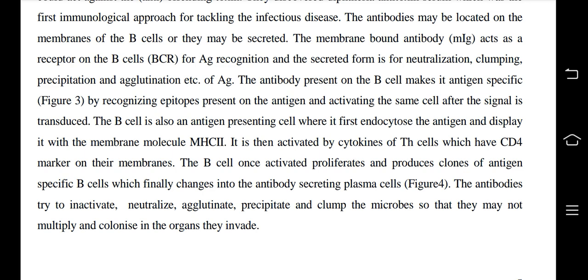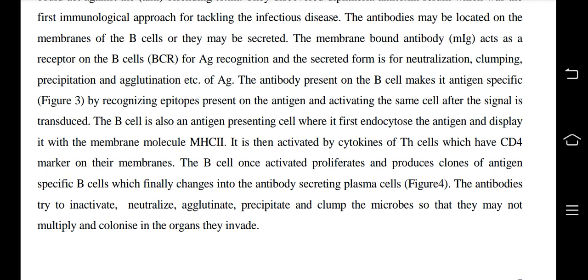The antibodies may be located on the membranes of the B cell or they may be secreted. The membrane-bound antibody, MIG, membrane-bound IG, acts as a receptor on the B cell, BCR, for antigen recognition, and the second form is for neutralization, clumping, precipitation and agglutination, etc., of antigen. The antibody present on the B cell makes it antigen specific by recognizing epitopes present on the antigen and activating the same cell after the signal is transduced.